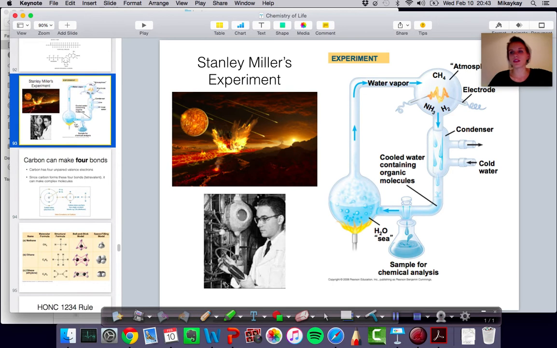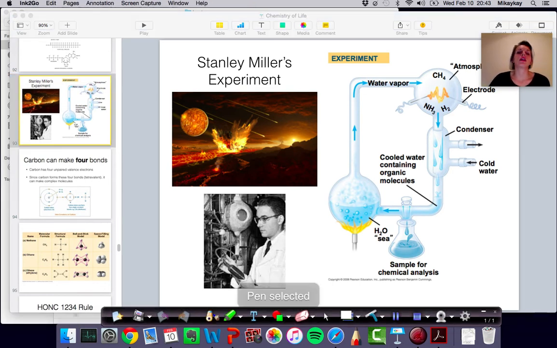He did a fabulous experiment where he tried to recreate the types of conditions that we thought might exist in the oceans or in the seas on Earth billions of years ago, to give us an idea of where these organic molecules came from. Because there's no evidence that there were organic molecules to begin with.